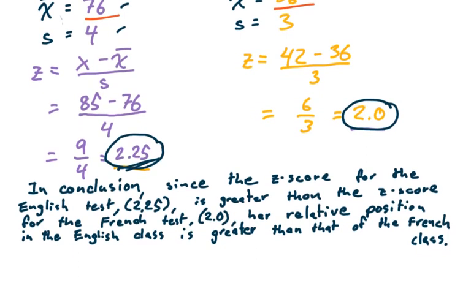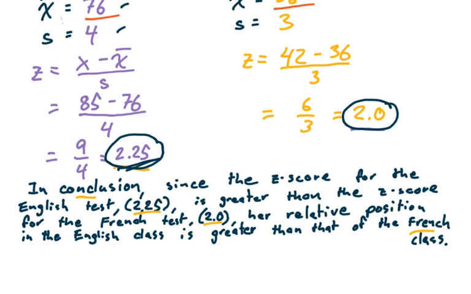So here, in conclusion, since the Z-score for the English class was 2.25, and that's more than 2.0, which was her Z-score on the French test, her relative position for that test value, she did relatively better on the English test than she did on the French test. So essentially her progress with respect to the rest of those two individual classes was greater in English than it was in French.